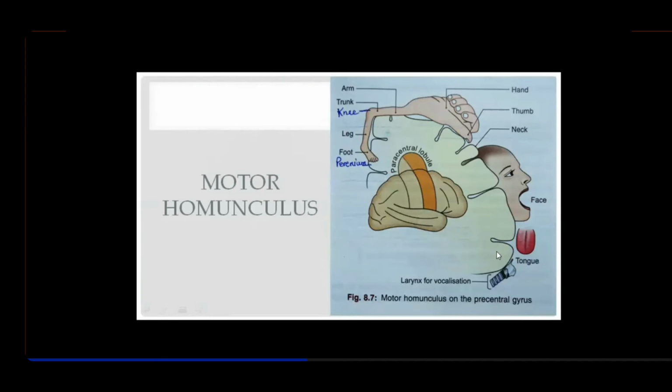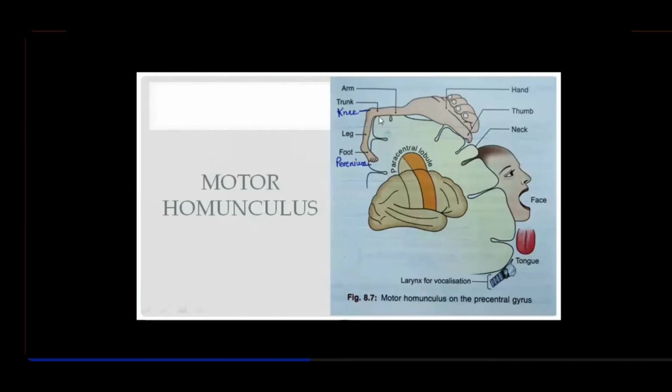A bigger area means more neurons arising from this area will reach and innervate these muscles. The voluntary muscles which are required for more integrated, more precise, more skillful activities need more motor activity, so more neurons will supply them. So that's why these areas have a bigger representation onto the precentral gyrus.